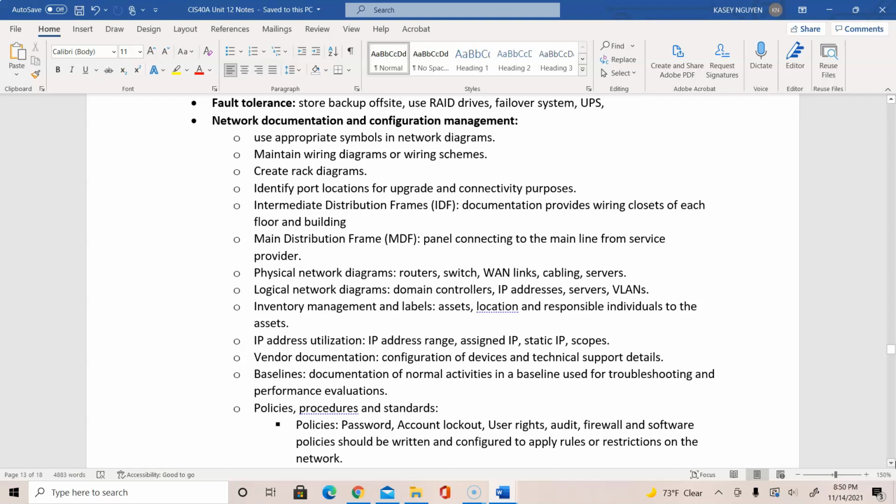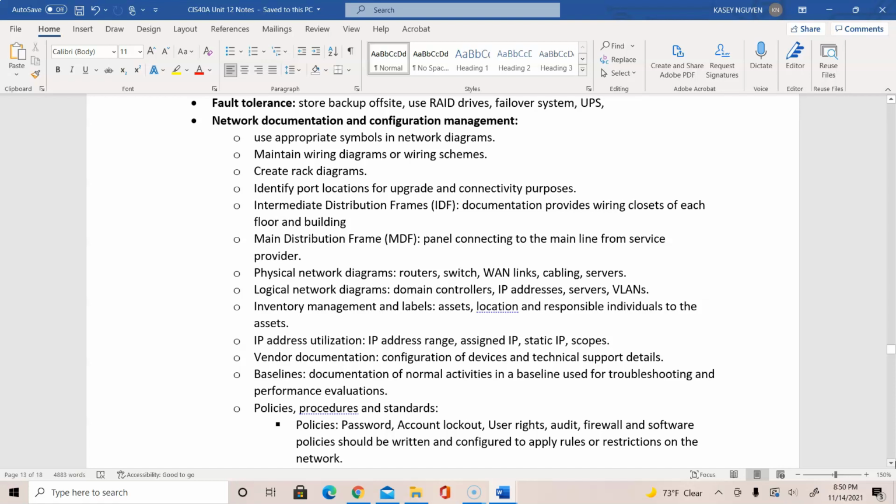You also need to include physical network diagrams to your router, switch, WAN links, and cabling and servers. A logical diagram or logical diagrams that will contain domain controllers, IP addresses, servers, and VLANs.